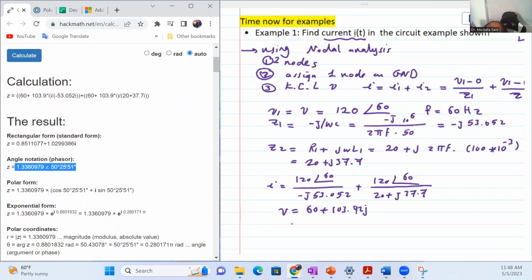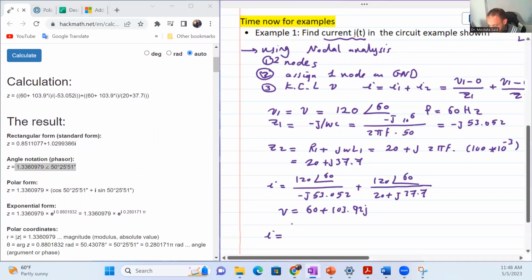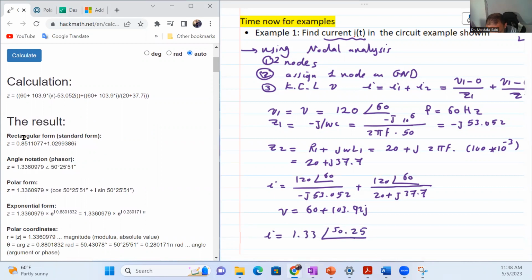And this is basically the answer. It makes the conversion, it makes everything for you. 1.33 angle 50.25. And it actually gives you also the answer in the rectangular form.